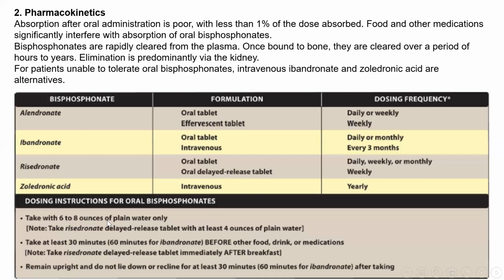Also, it is important to leave around 30 minutes between the administration of these drugs and food, drink, or medications, in order to prevent an effect on their absorption. And it is important to tell patients to stay in an upright position, not lie down, because these drugs could affect the esophagus, as we will see in the adverse effects.